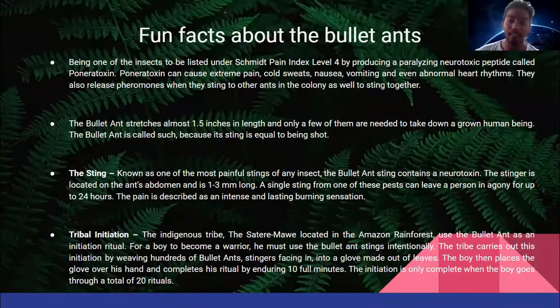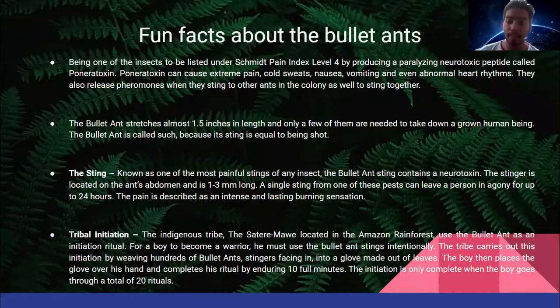Because of that, they are nominated as one of three insects at level 4 of the Schmidt pain index. This is because of a paralyzing neurotoxic peptide called ponerotoxin.